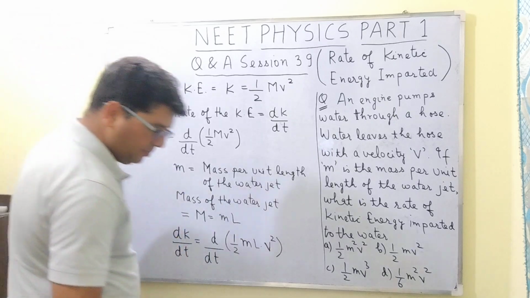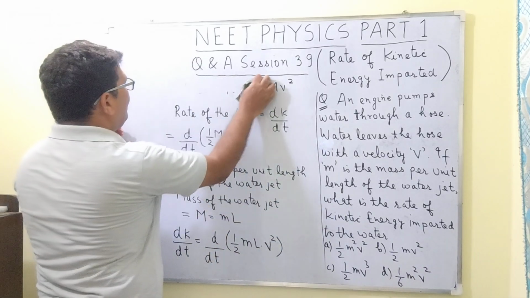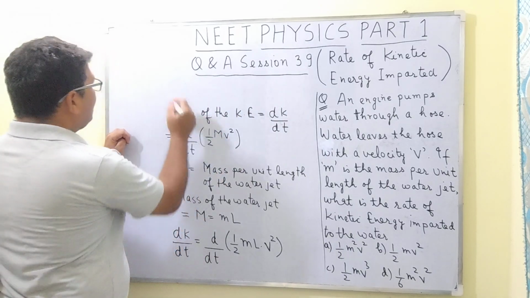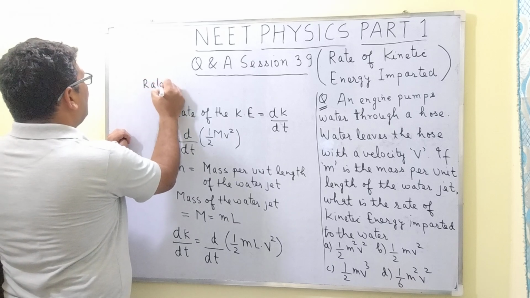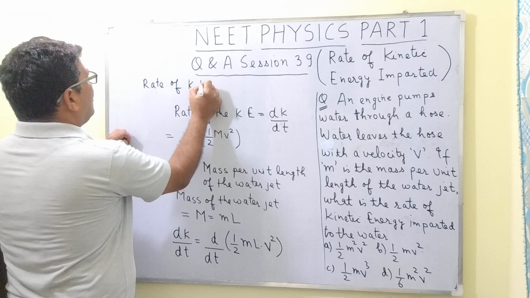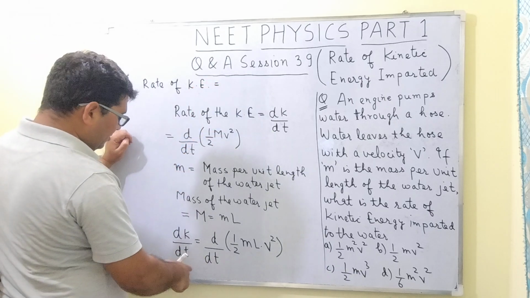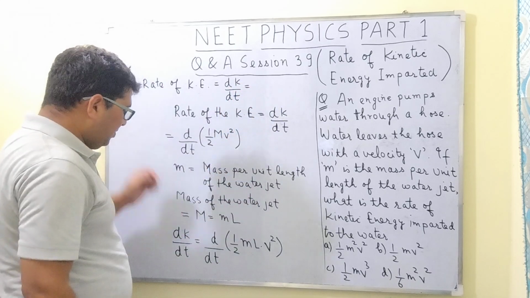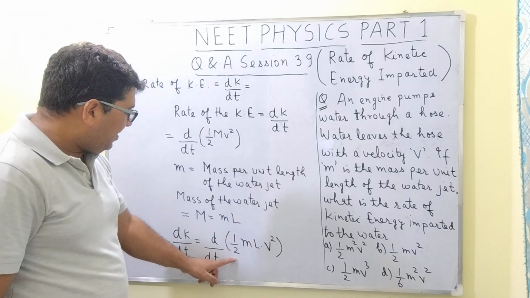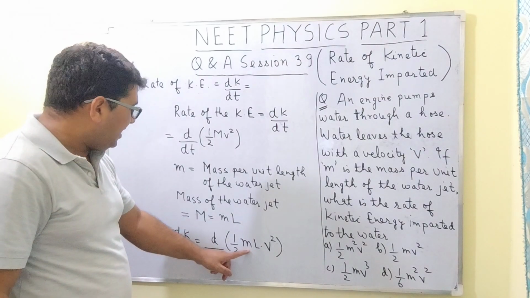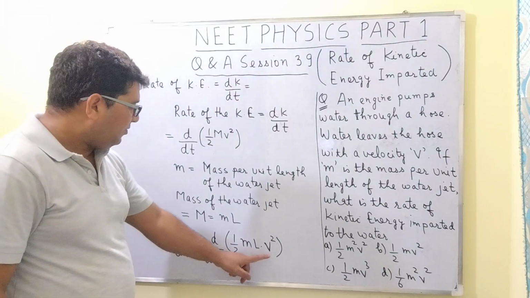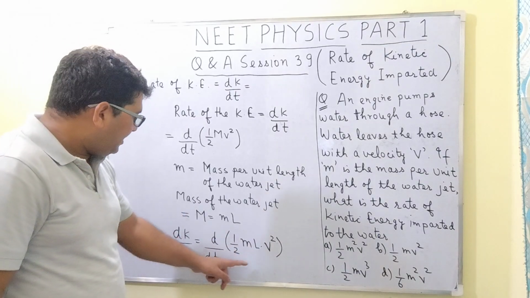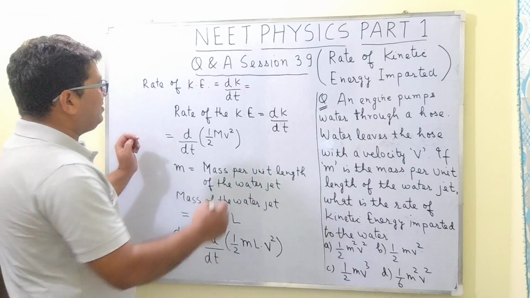So the rate of the kinetic energy is equal to dK upon dt, and this can be further written as, now here 1 by 2 m and v, they are constant. m is the mass per unit length, so this is a constant. v is the velocity of the water which is leaving the hose, and so 1 by 2 m and v square is constant, so that can be taken out.